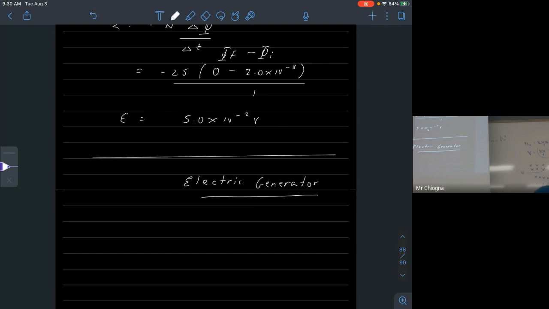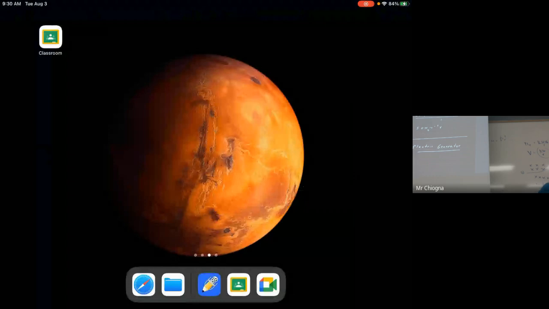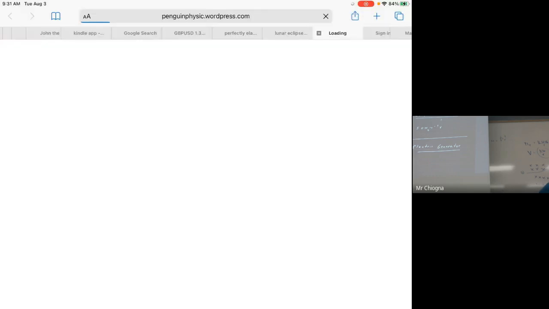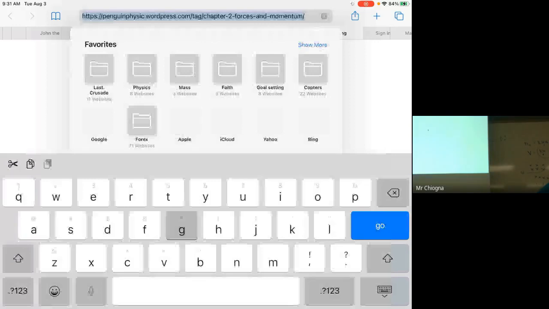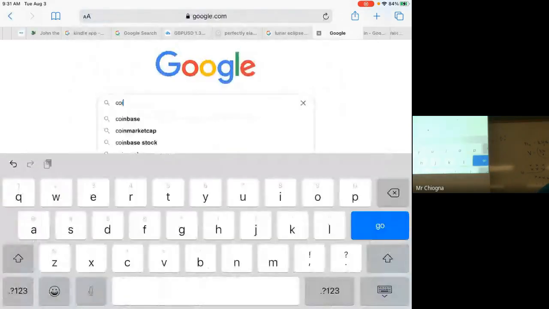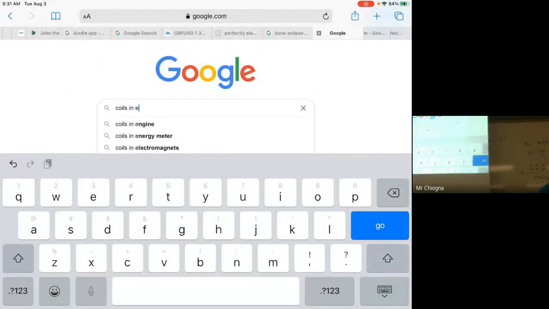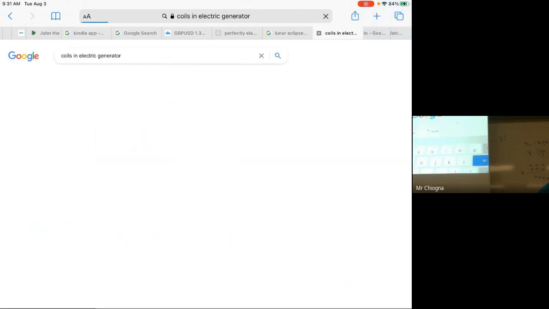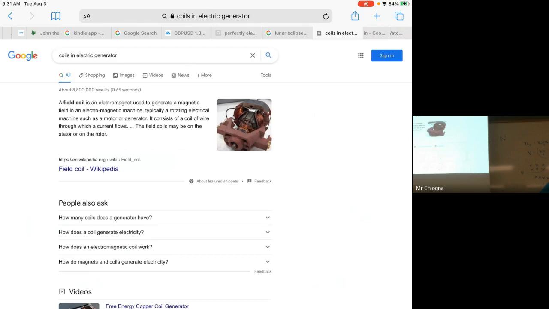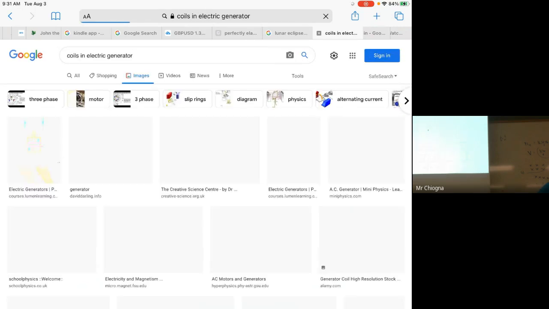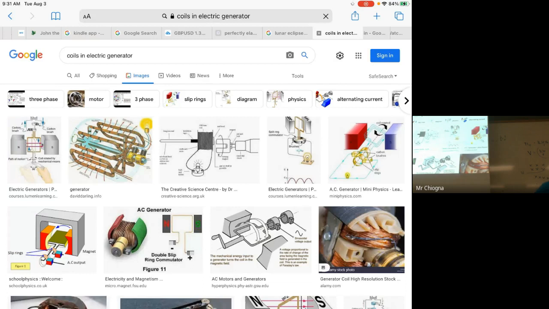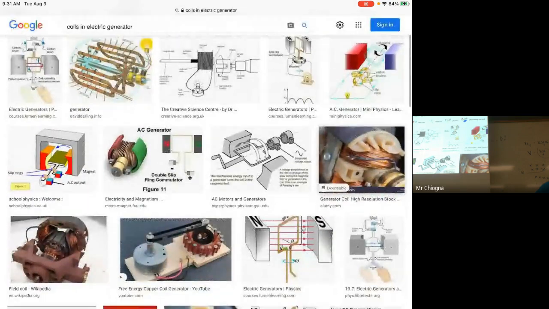I'm going to look up pictures, electric generator, because I can. Electric generator. Oh, that's a good one. Anything better?